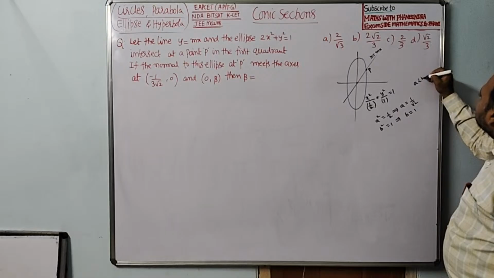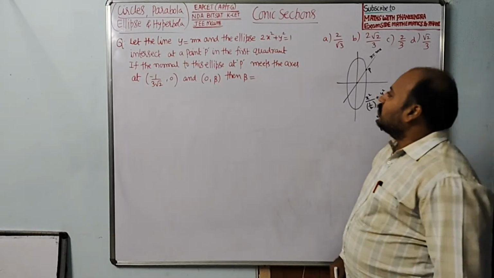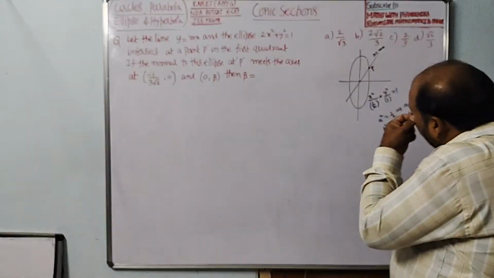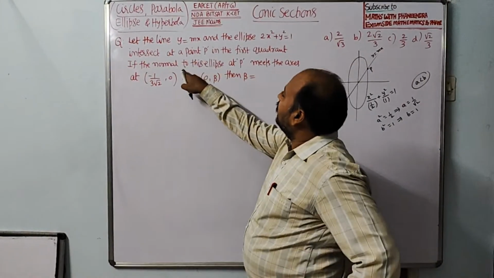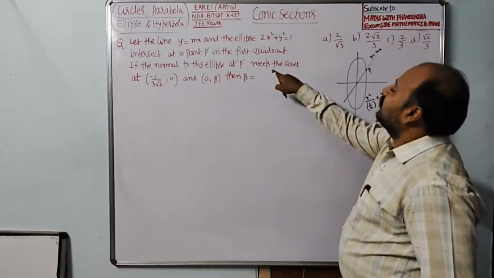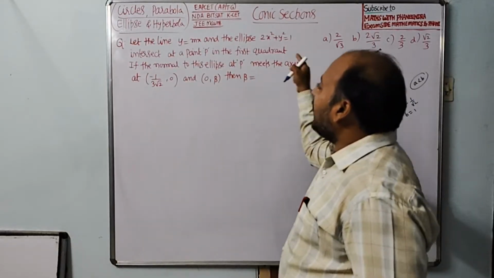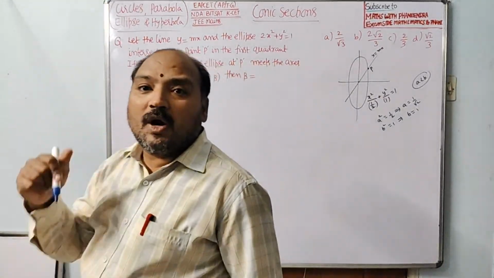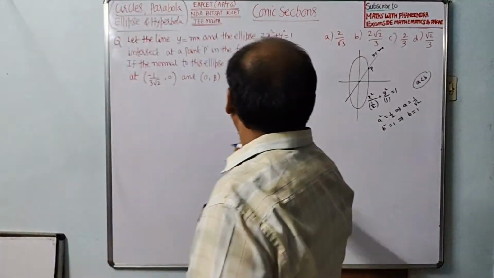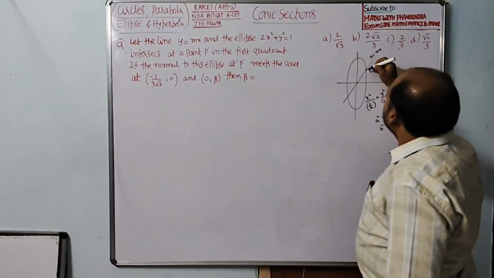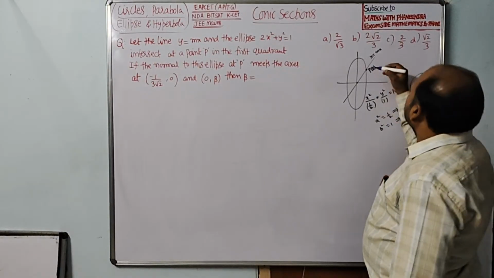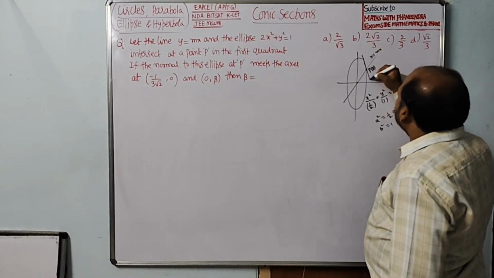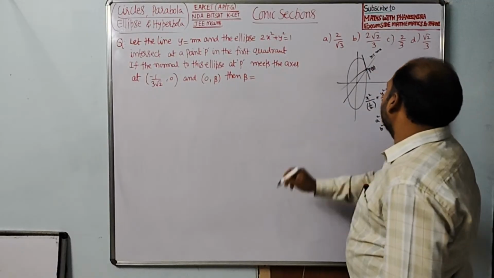Clearly, a is less than b case. At this point, the normal to the ellipse at the point P meets the axes. What is the equation here? P of theta I'm taking. This is the tangent equation, and this is the normal.